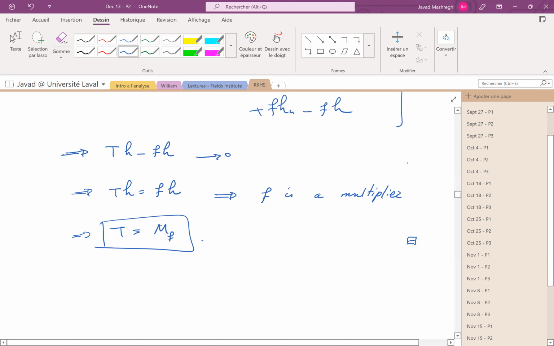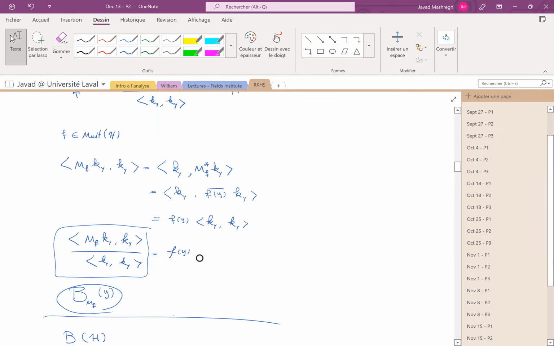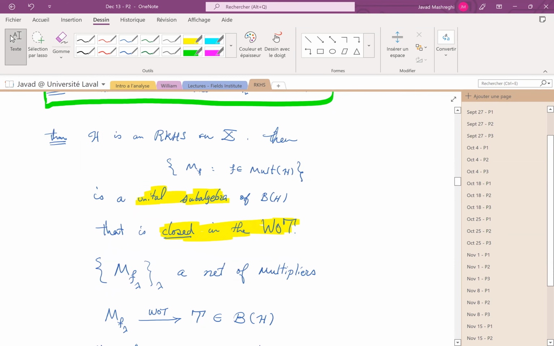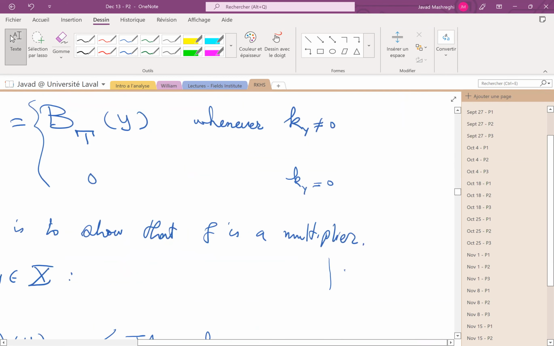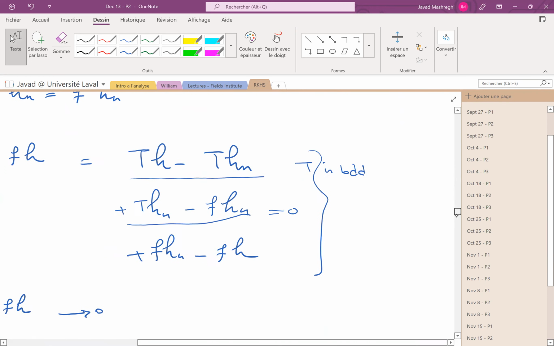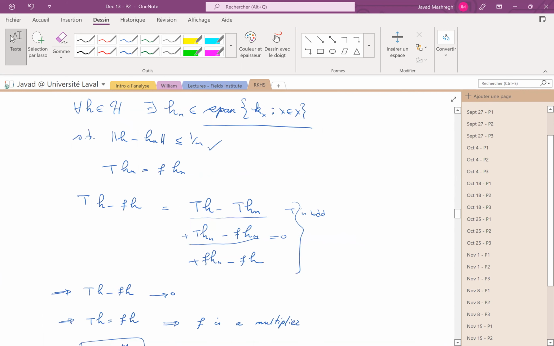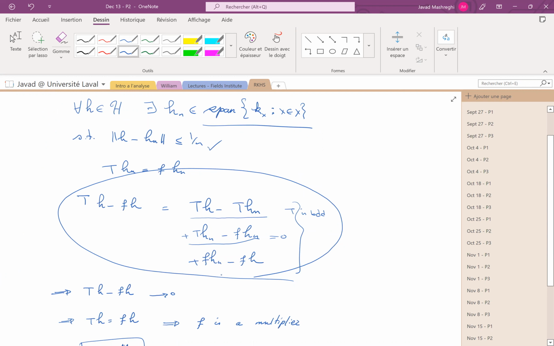Just before the break, let me see if I can go a little bit up here. Well, it doesn't work. Here, the way it is explained in the book, I wrote it like this, just out of my mind. But the way it's written in the book, it's by evaluation.